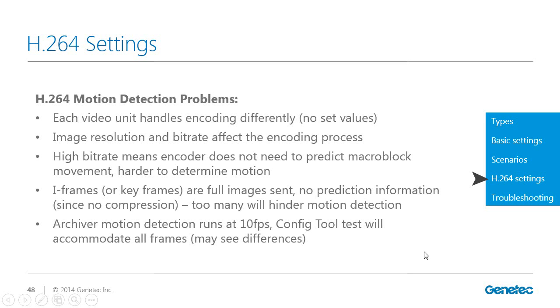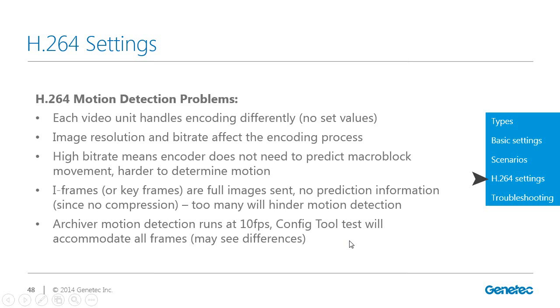Now, one last thing I want to point out concerning the difficulties in setting up H.264 motion detection is the difference between what we see in the config tool and what the archiver is actually doing. So when we run the live test, or we run the test in the config tool for live video, it's basically using all the frames to calculate the motion values.